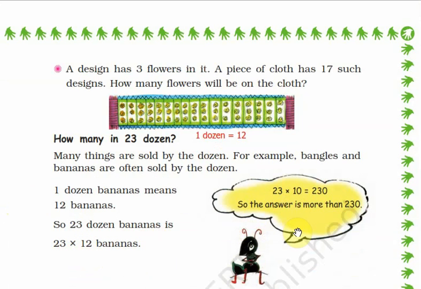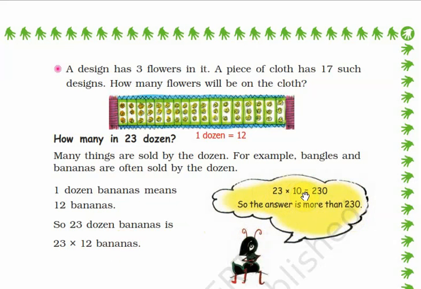Here this ant is guessing. 23 into 10 is 230. You know the multiplication of tens. 23 times 10 is equal to 230. So the answer is more than 230, that means 23 dozen bananas will be more than 230 bananas, because 1 dozen means 12 numbers will be there.